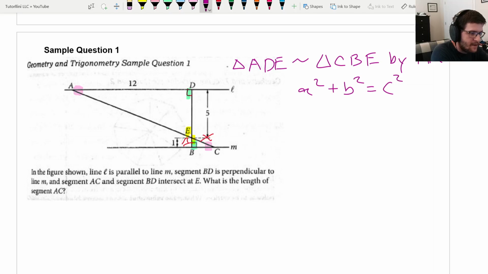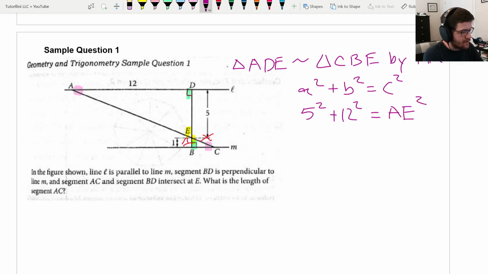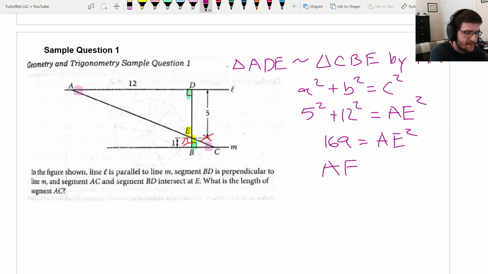And the two legs are 5 and 12. Make sure a and b are the legs. 5 squared plus 12 squared equals AE squared, that is 169. And we take the square root of both sides. The square root of 169 is 13. So AE is equal to 13.